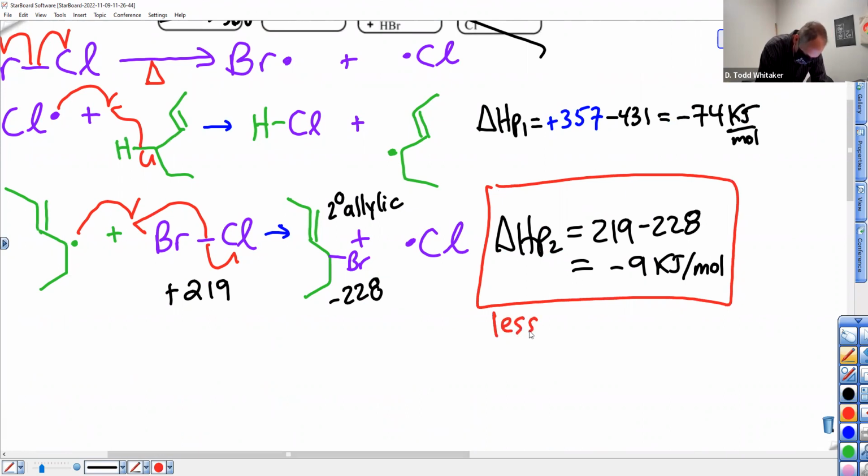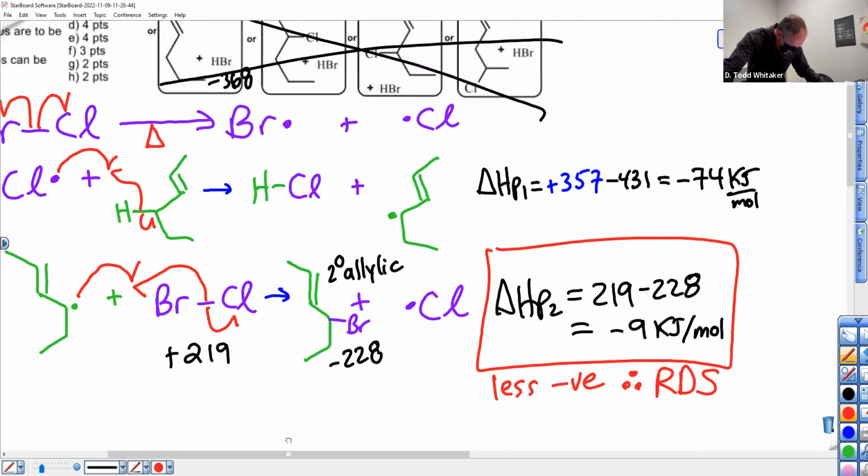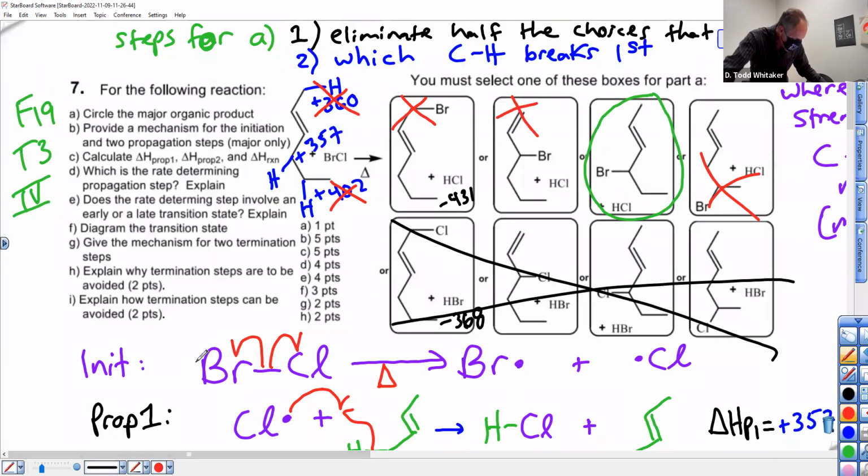Less negative, therefore, RDS. And you don't want to define rate determining step? Go to the top of the page. You say RDS is rate determining step. Just add it to my question right there. I just threw it up there. See? It's right there. RDS. Done it. I don't want to write those words anymore.